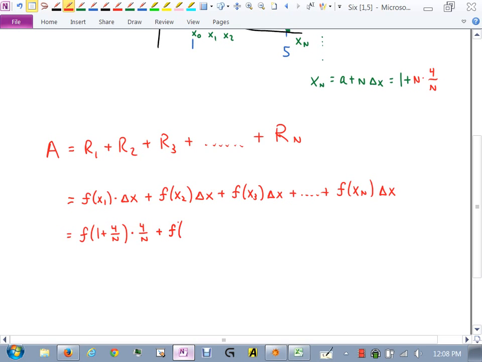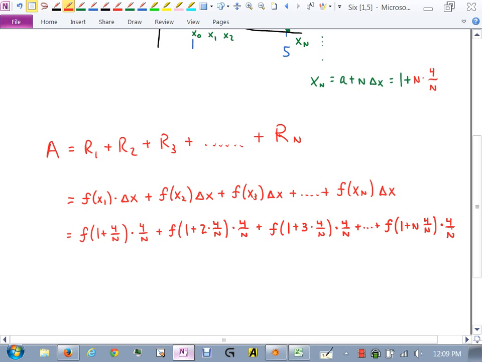F of 1 plus, I don't hear enough answers. 1 plus 2 times 4 over n, times 4 over n. Next one, f of 1 plus 3 times 4 over n, times 4 over n, plus dot, dot, dot, what's the last one? F of 1 plus n times 4 over n, times 4 over n.